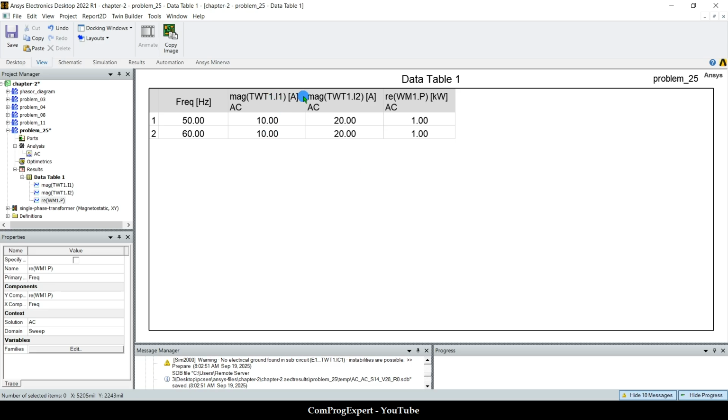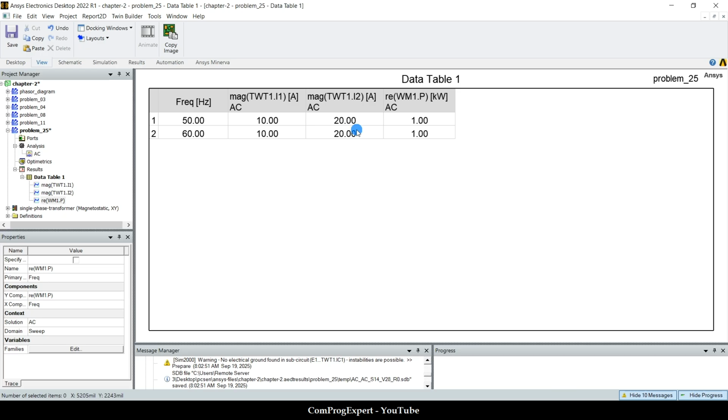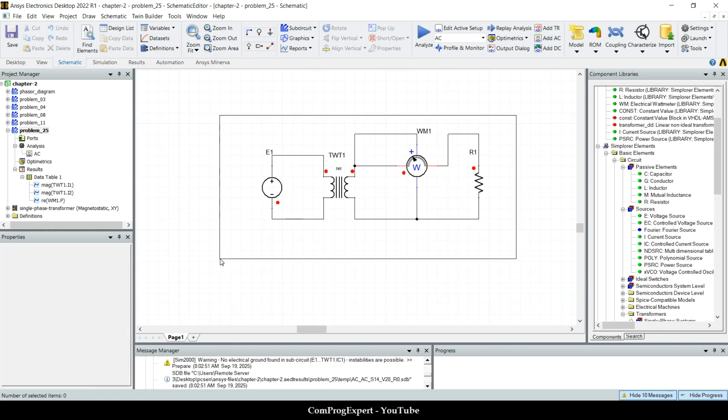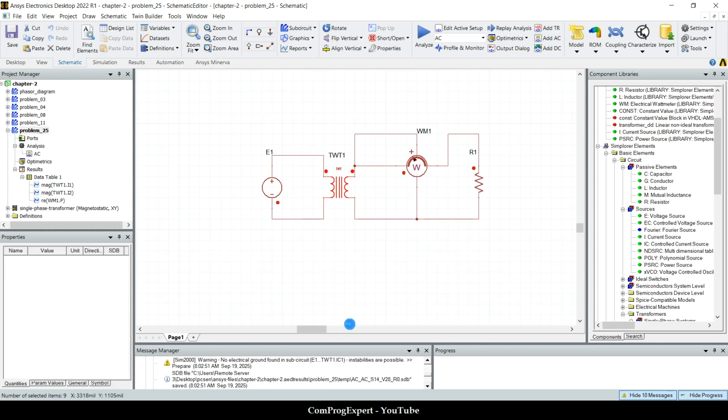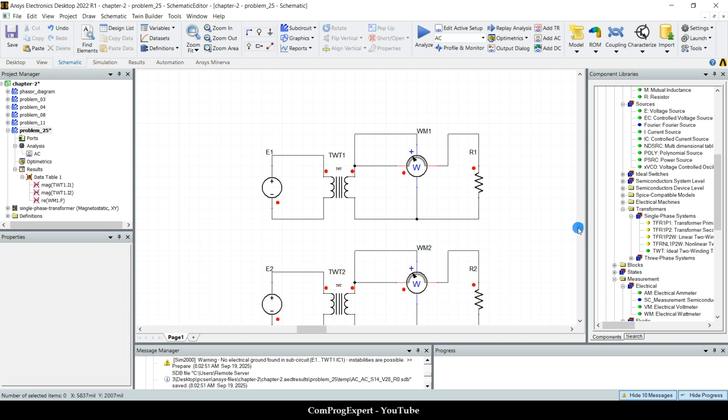The value of the current for the primary coil is 10, for the secondary 20. And the value of the power is 1 kilowatt. So now I want to use this transformer, reconnect the terminals to build up an autotransformer.